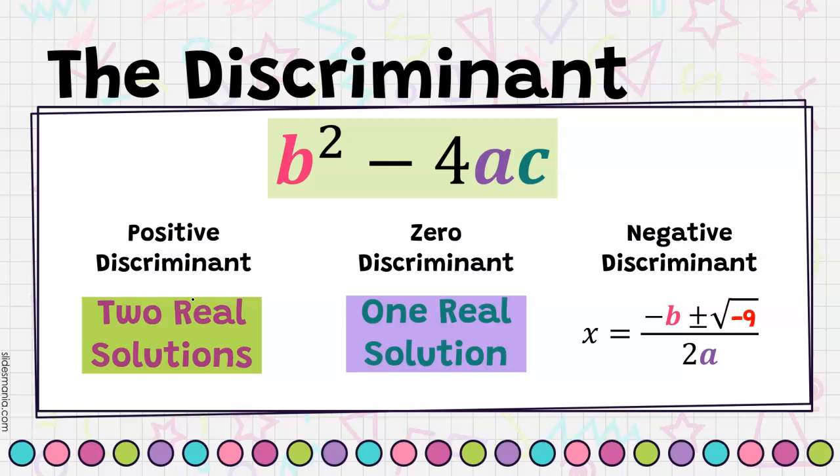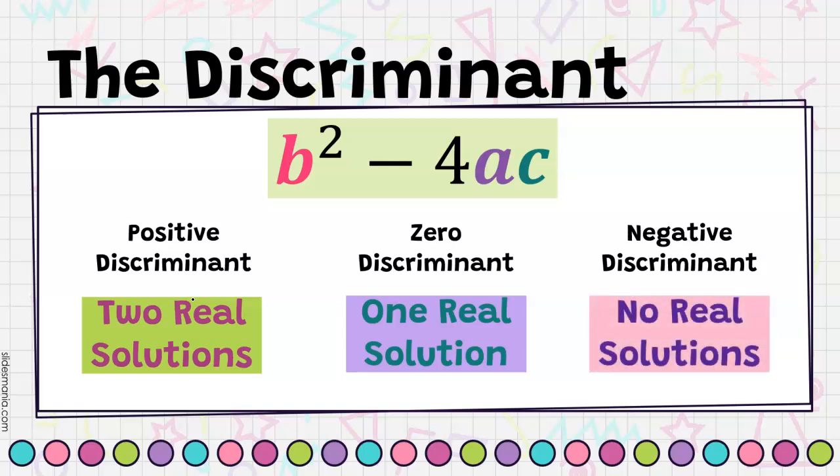It is never possible to have two numbers that are exactly the same that give me a negative value. So when we have a negative number underneath the square root, this is not even possible. So we say there are no real solutions. So that's what we're going to start with figuring out today. We're going to figure out, are there two solutions, one solution, or no solutions to the equation?